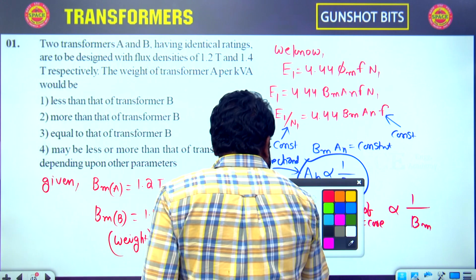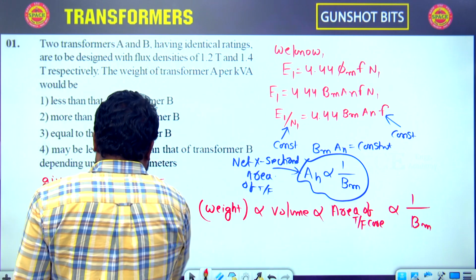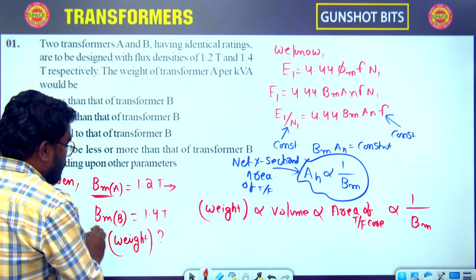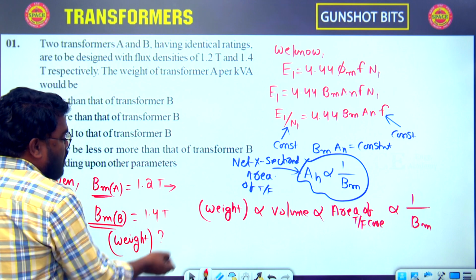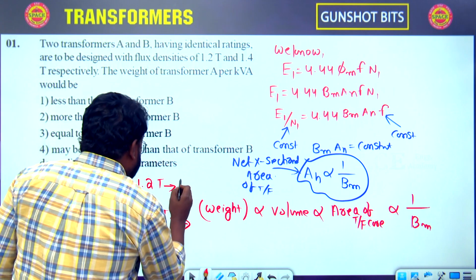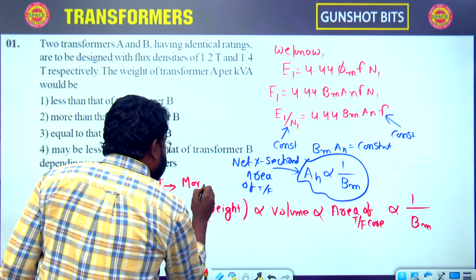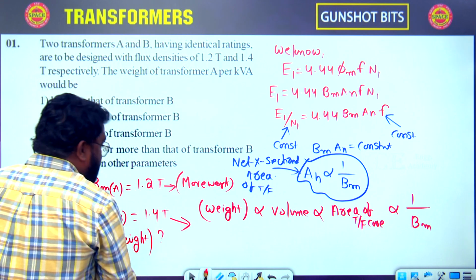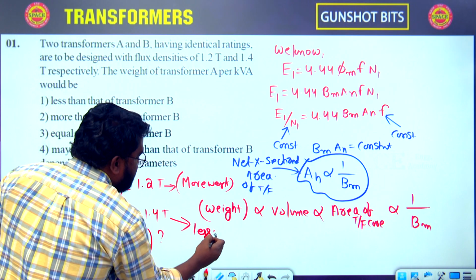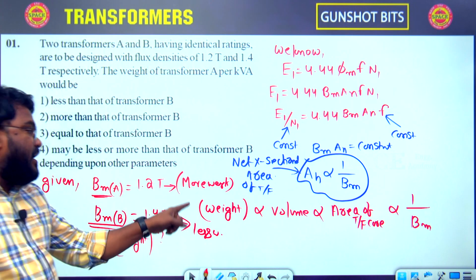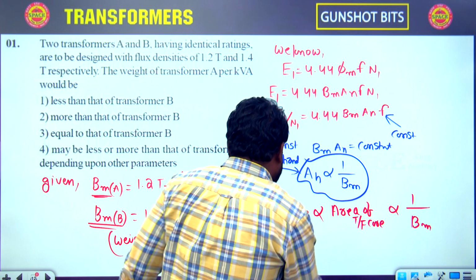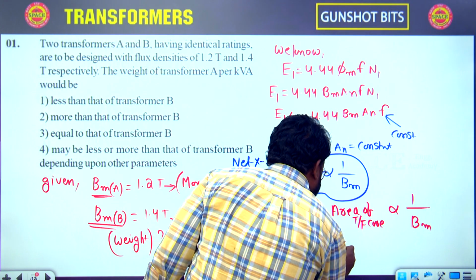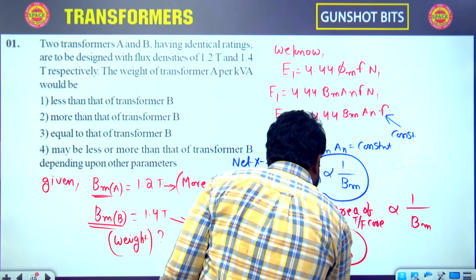In this case, the flux density of transformer A is 1.2 and the flux density of transformer B is 1.4. So transformer A has more weight as compared to transformer B, which has less weight. Why? Because the weight of the transformer is inversely proportional to the flux density of the transformer core.